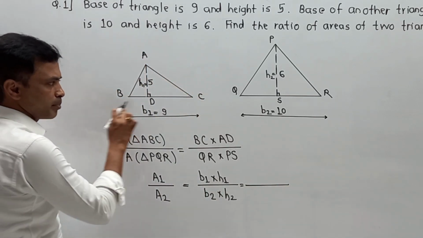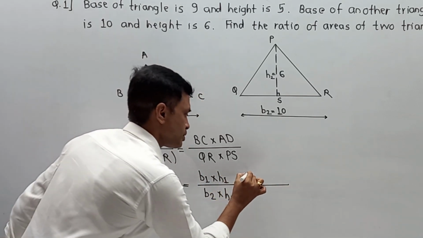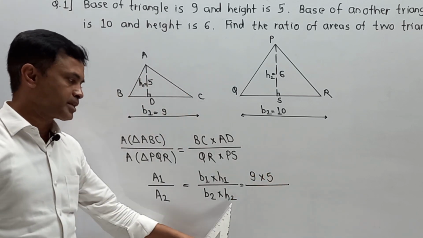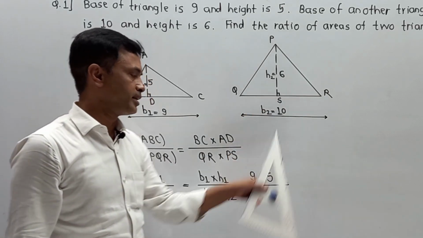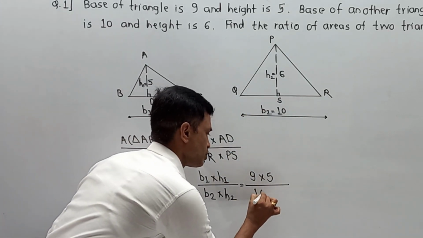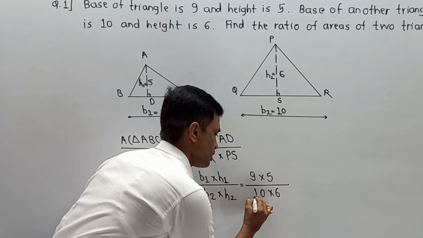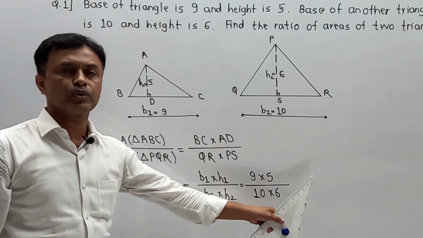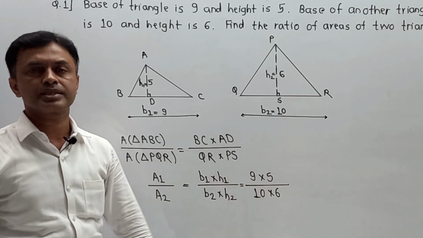For the first triangle, base is 9 and height is 5, so 9 into 5, divided by base into height of second triangle, that is 10 into 6. Now here you can simplify directly, or you can find the final products and simplify with their help.